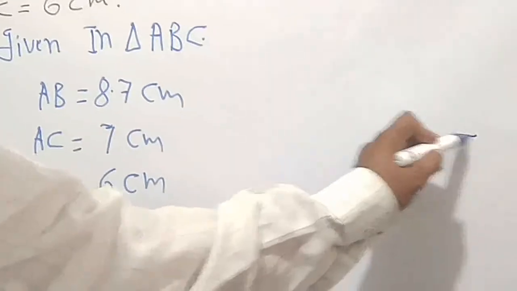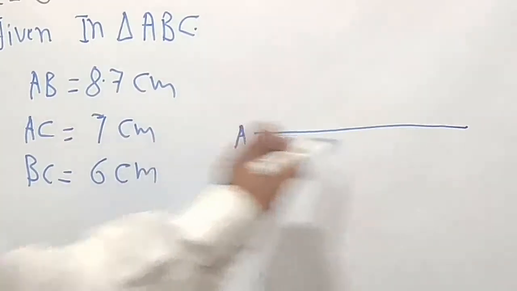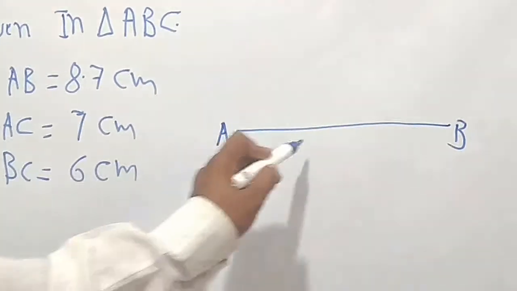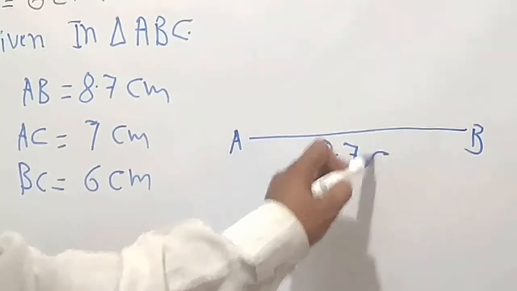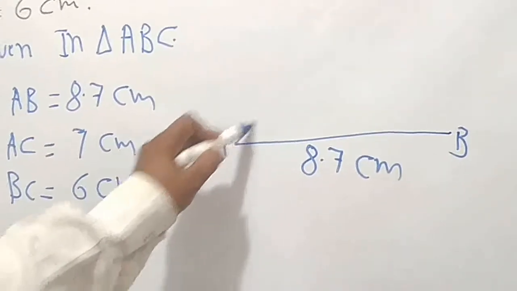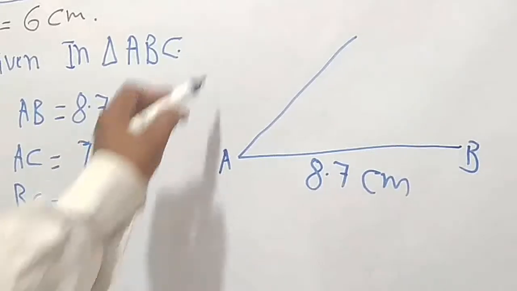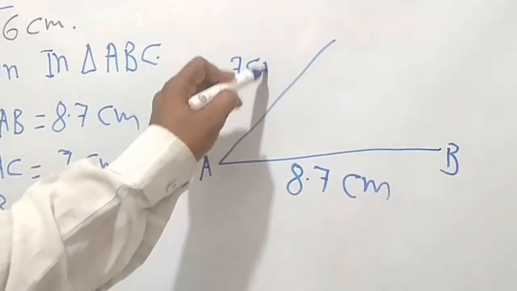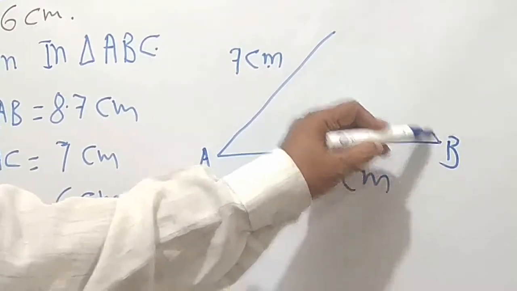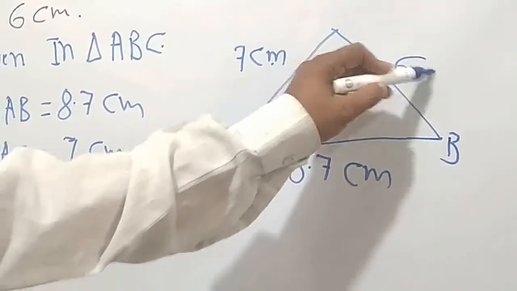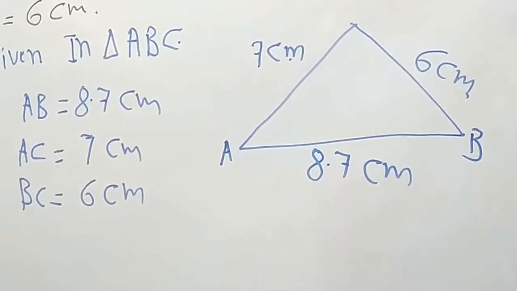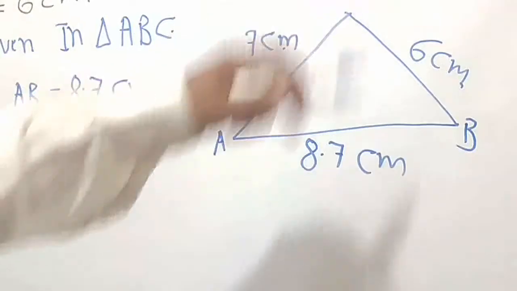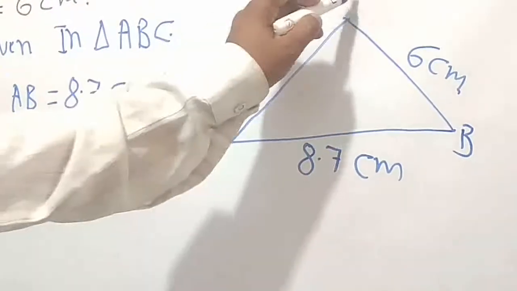So suppose we draw the figure for this. It is AB 8.7 cm, it is AC 7 cm and it is BC 6 cm. So the measurement of all the three sides is different.